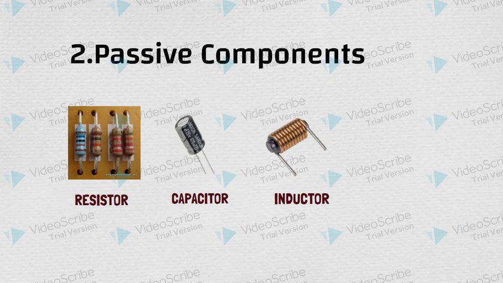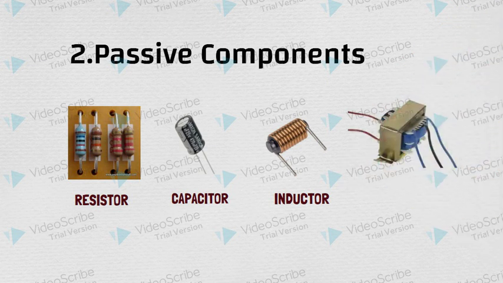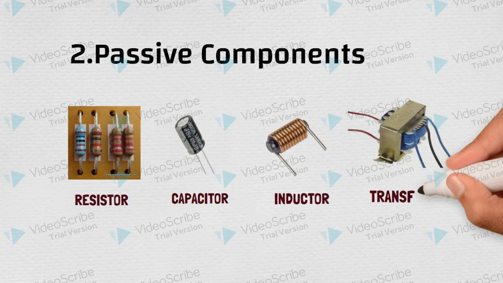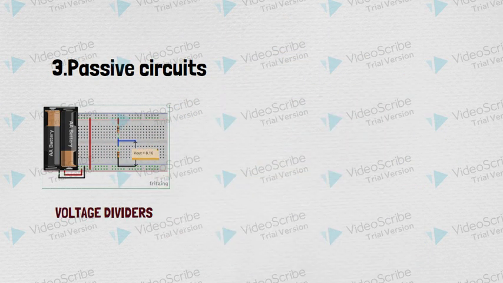Transformers. Transformer is also a passive component because it can only decrease or increase the voltage and current, but power is always constant.